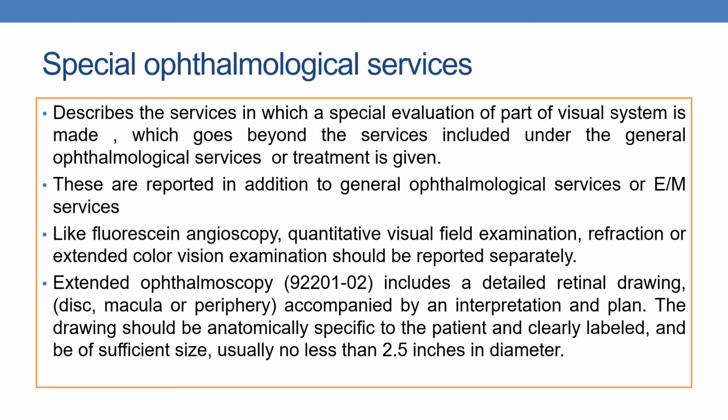Now coming to the next category, that is special ophthalmological services. They describe the services in which a special evaluation of part of the visual system is made, which goes beyond the services included under the general ophthalmological services or treatment. These are reported in addition to general ophthalmological services or E&M services.